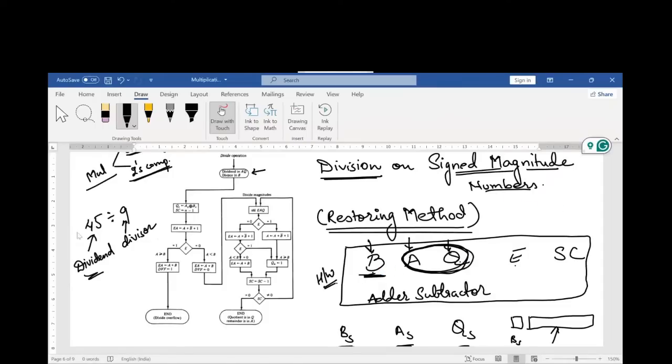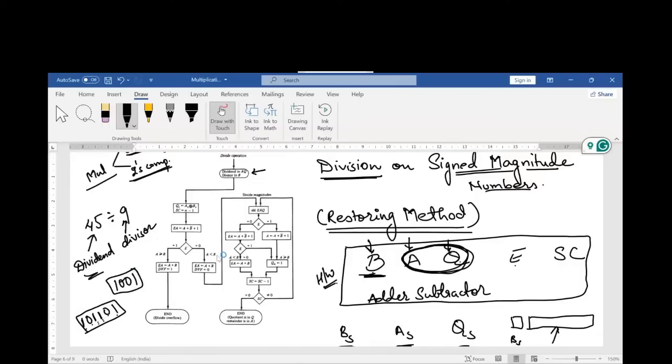So here in this example, 9 is 1001. What is 45? 32 plus 8 is 40, 44 and 45. Yes. So this is my 45 and this is 9.